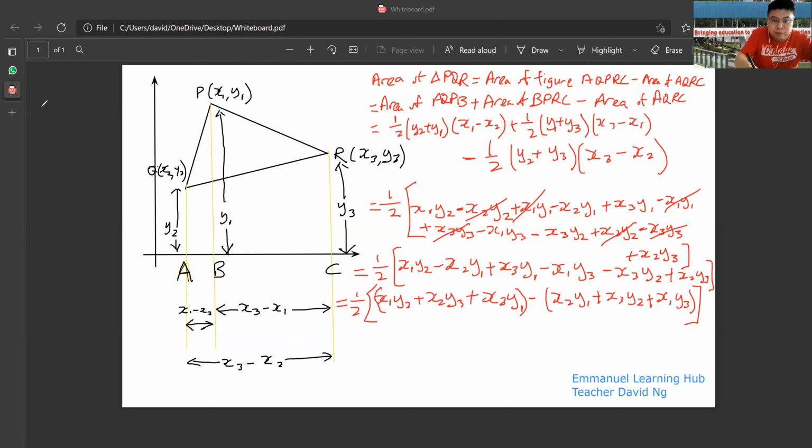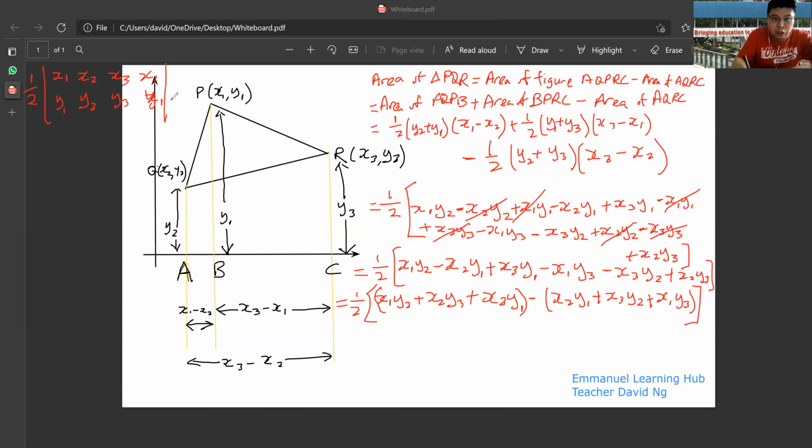Let's say I rearrange it in this way, half x, I arrange this way. You understand this part? If I arrange this way, you can get back this.